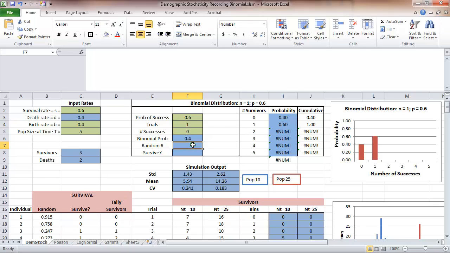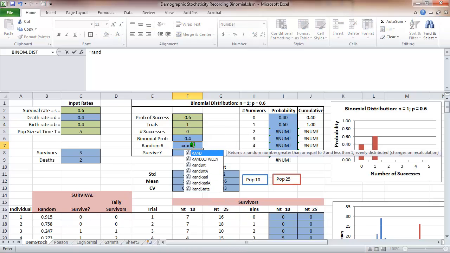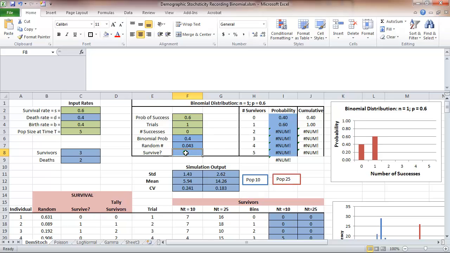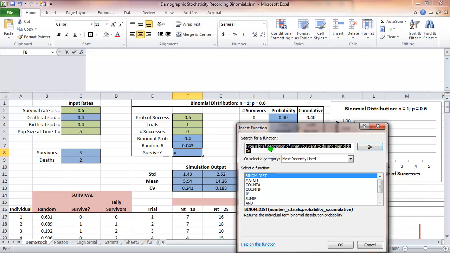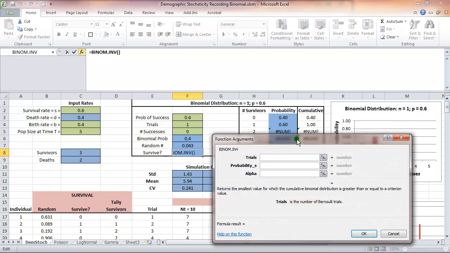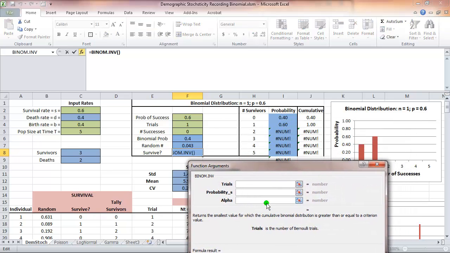So let's try it a different way here. We're going to enter a random number, and this time we're going to use the binom inverse function. We're going to find that function, binom.inv, and we're going to use this function to return a 1 or a 0.